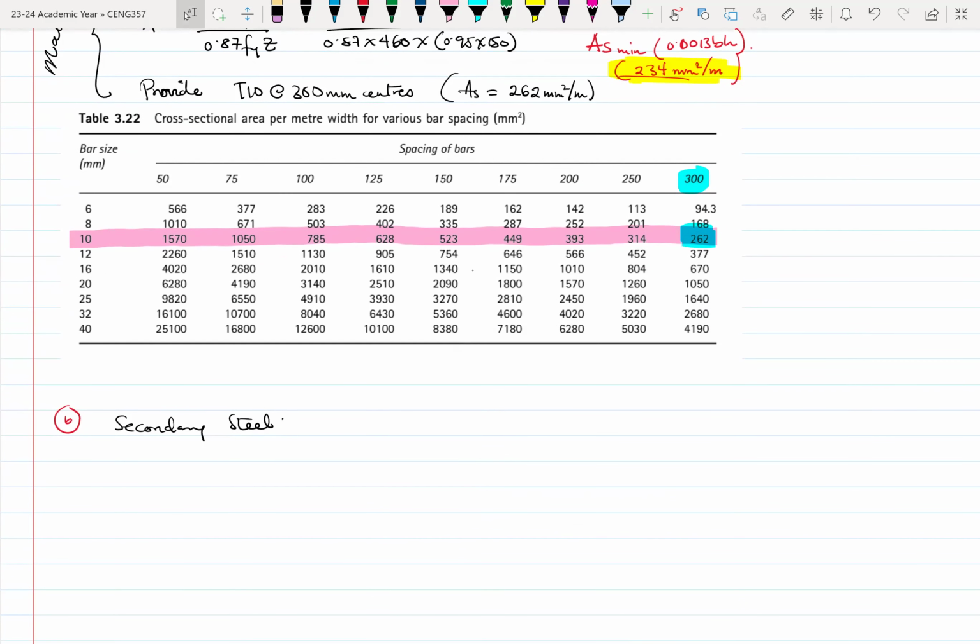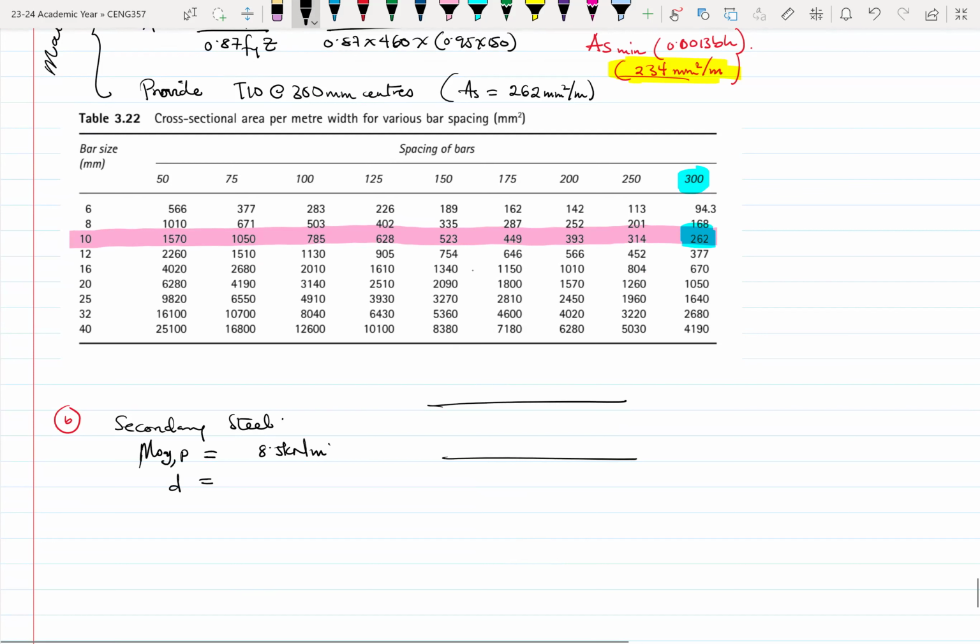So with that one, we know our MX, so that becomes MXYP. So MXYP is 8.5 kilonewton meter. We need to find a D for that, okay? And this is the best way to explain this, all right?